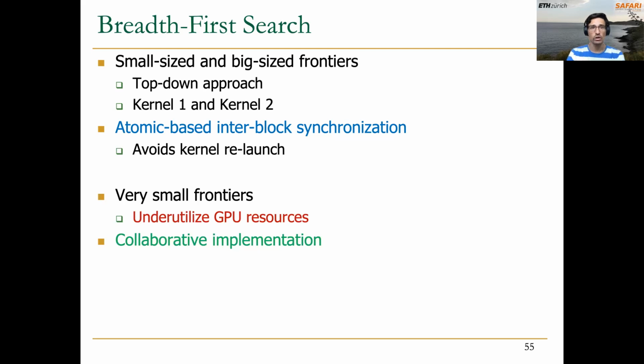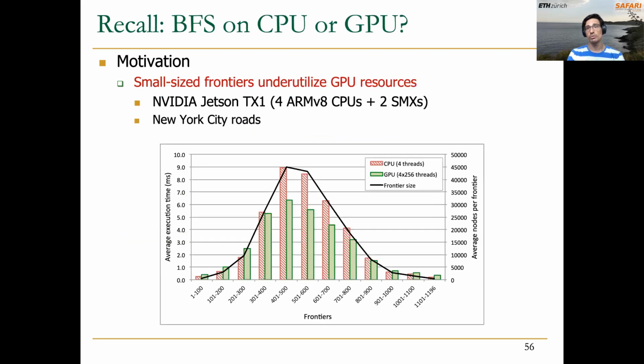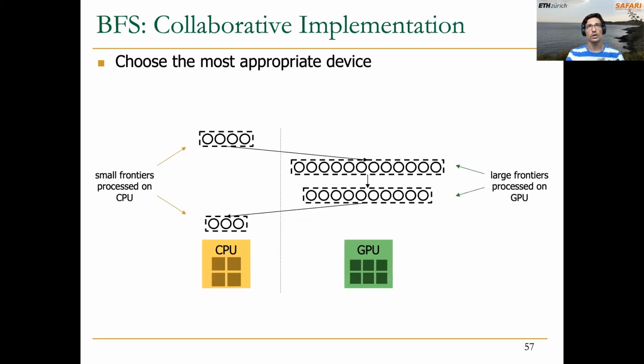Another thing that we already know is that very small frontiers underutilize GPU resources, and in this case it makes sense to have a collaborative implementation, as we have discussed earlier. Here you can see another figure to represent this collaborative implementation of BFS. As you can see, small size frontiers are assigned to the CPU.